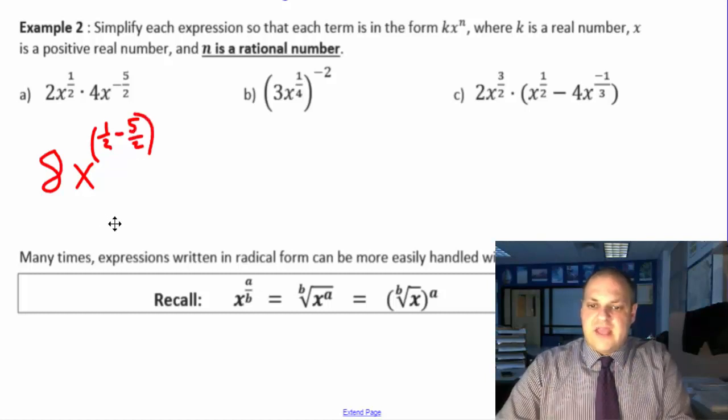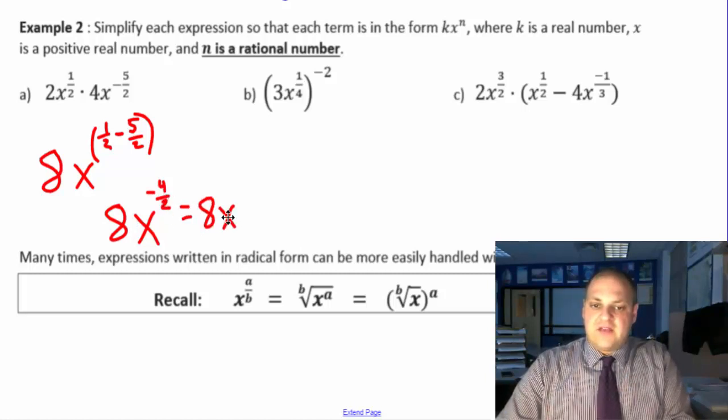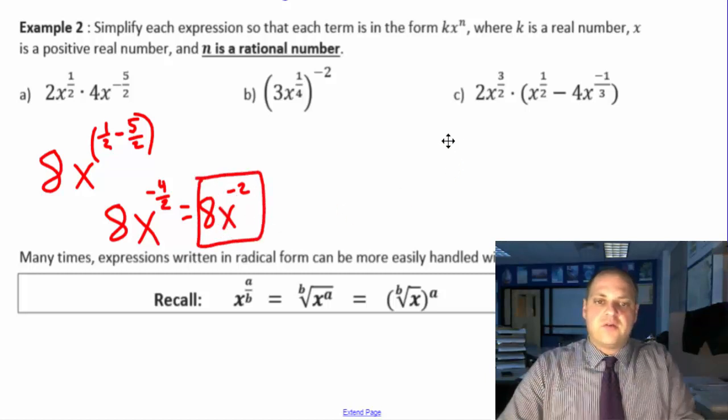So that's going to be 8x to the what? 1 minus 5 is negative 4, negative 4/2. And that's 4 over 2, which is negative 2. So 8x to the negative 2 would be simplified.